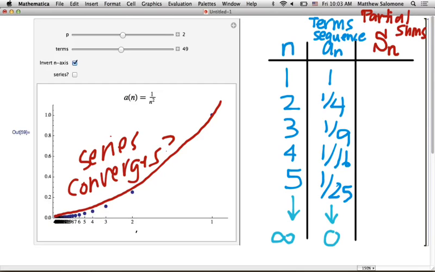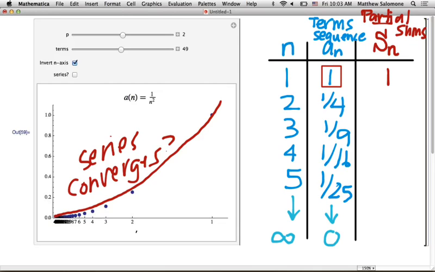Now, what's a partial sum? What does the word partial mean here? We're not going to be adding all infinitely many, because we don't know how to do that. But in a partial sum, we can add the first finitely many terms of the sequence and get a number. So the first partial sum, s sub 1, we obtain by adding the first term and nothing else. So the first partial sum is just equal to the first term.